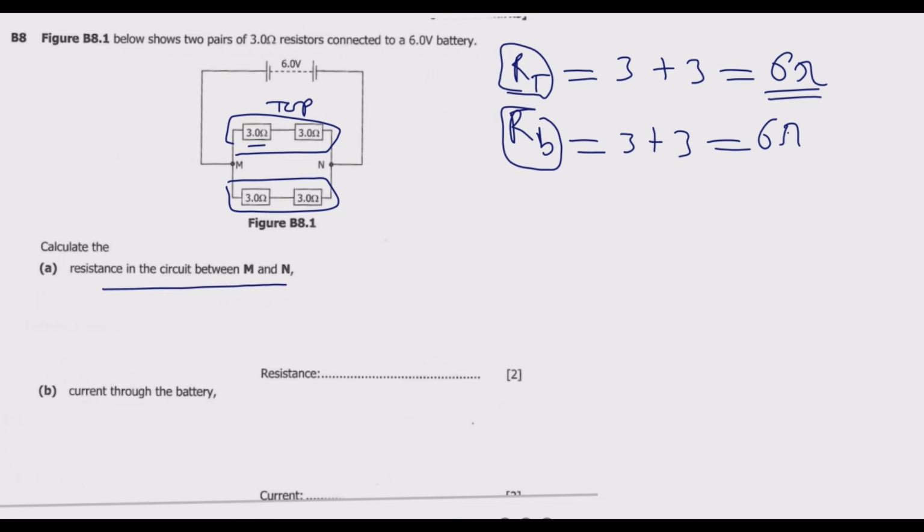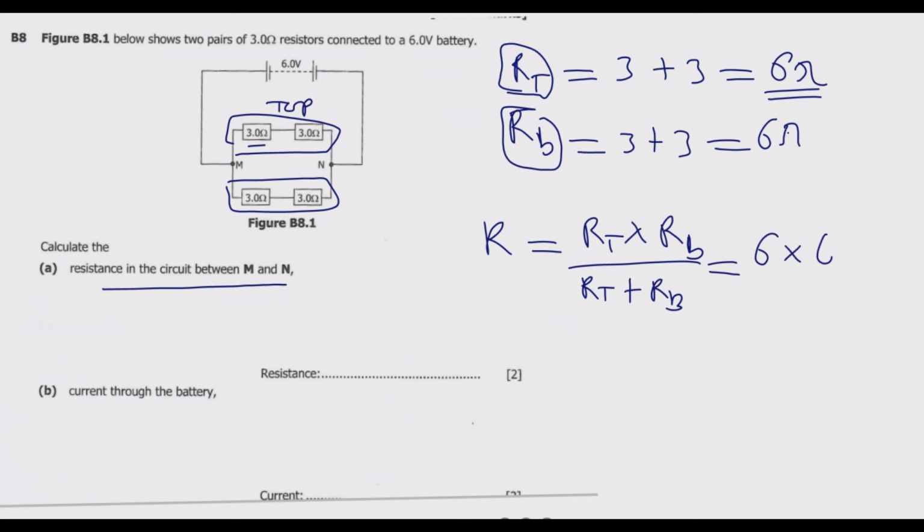So now the combined resistance will equal RT multiplied by RB over RT plus RB, which is 6 times 6 over 6 plus 6, equal to 36 divided by 12, which ends up as 3 ohms.